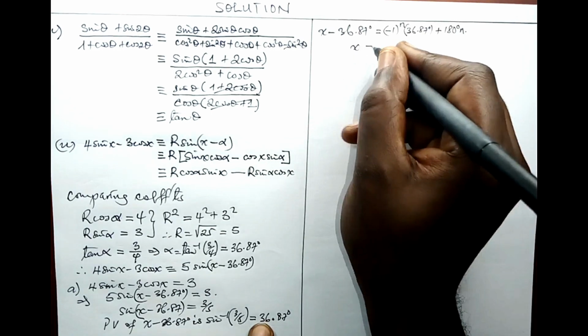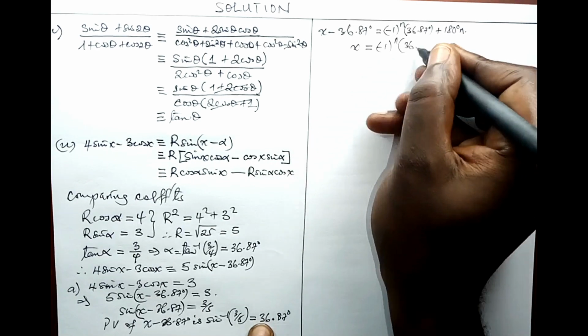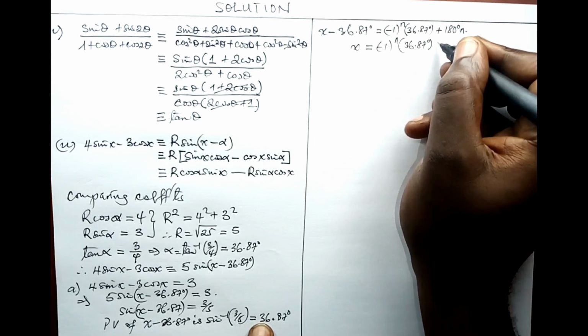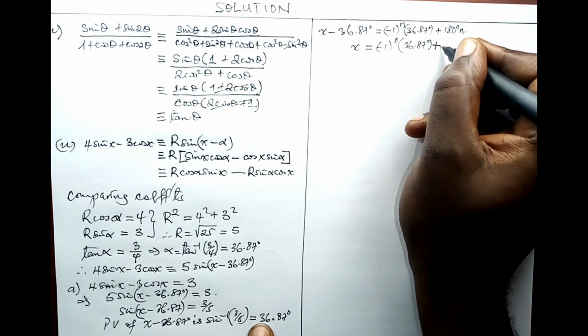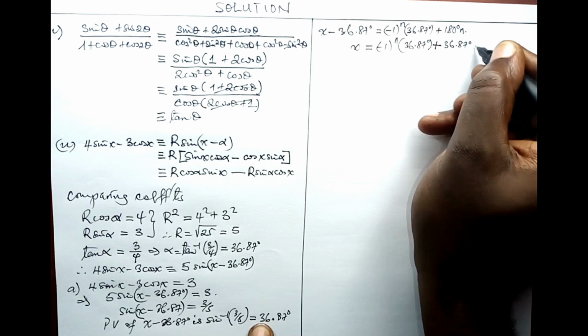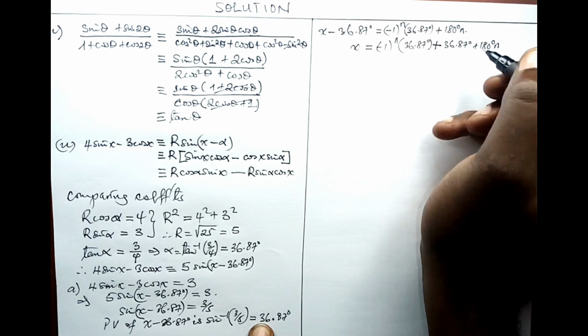And so x would be -1 to the n of 36.87 degrees plus 36.87 degrees plus 180 degrees n.